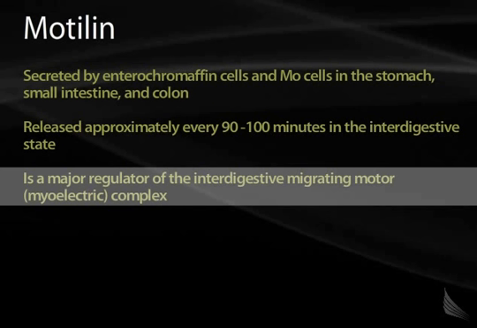The MMC is a way of making sure that contents in the GI tract that have not been carried along by peristalsis have a way of getting through the GI tract. This is a way of thinking of cleansing the GI tract and making sure all products reach the large bowel.